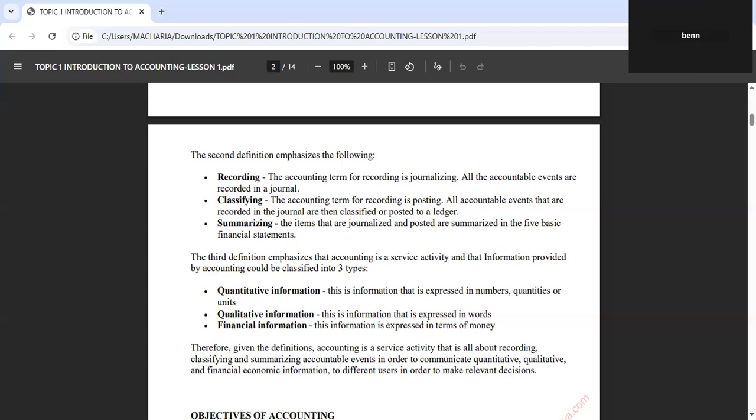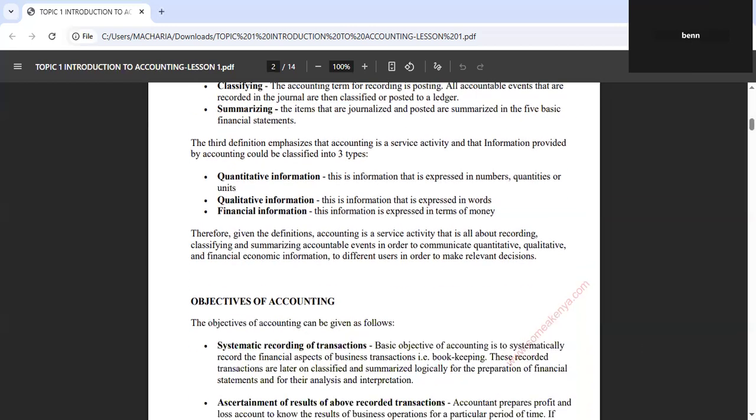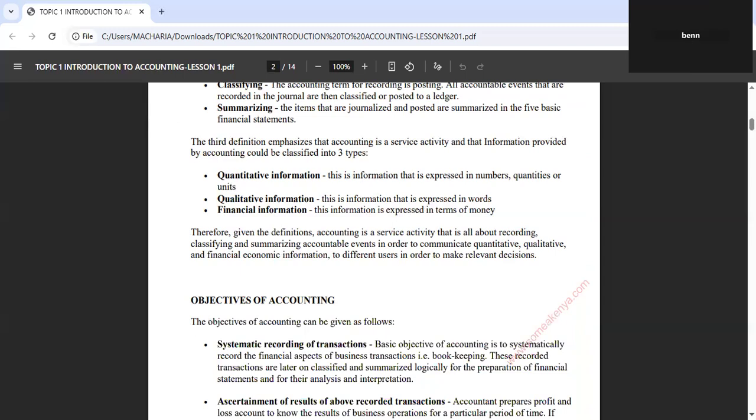You also see that accounting involves summarizing. The items that have been journalized and posted are summarized into basic financial statements. We shall look at these financial statements in the near future. We have the balance sheet, we have the cash flow statement, we have the income statement, and many others. So in this case, we look at that definition, and that definition says that accounting has quantitative information, and it also has qualitative.